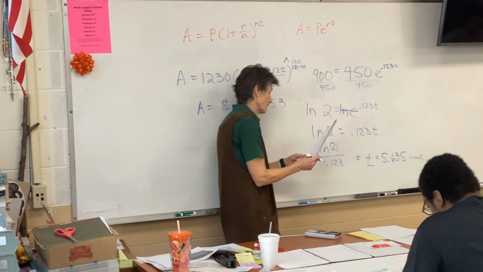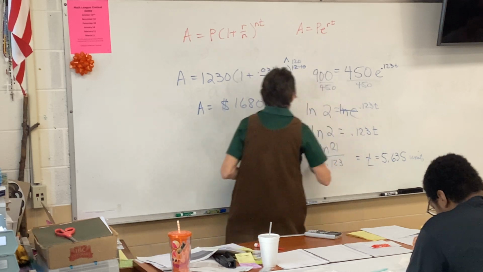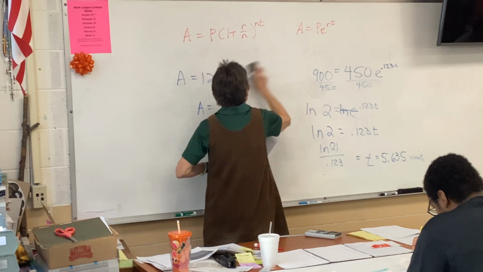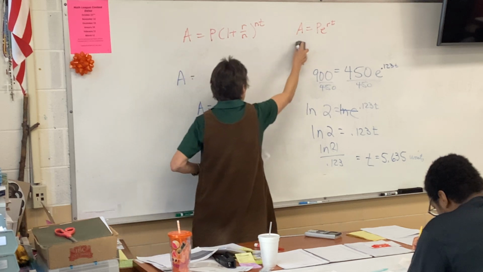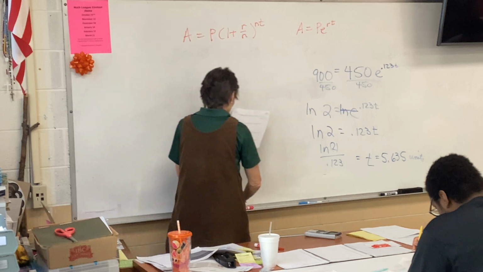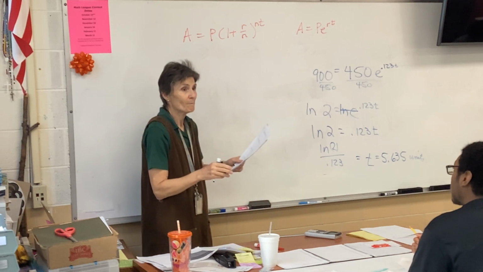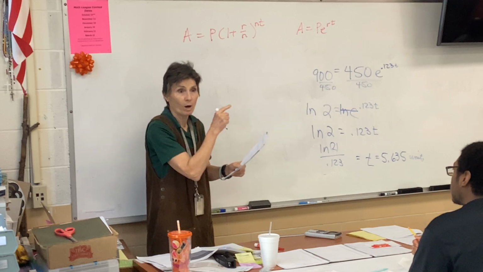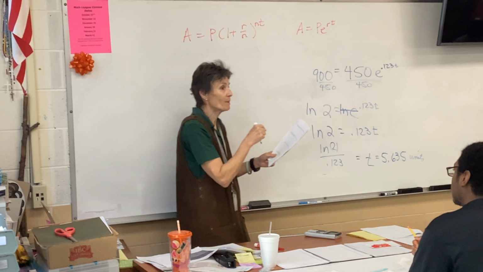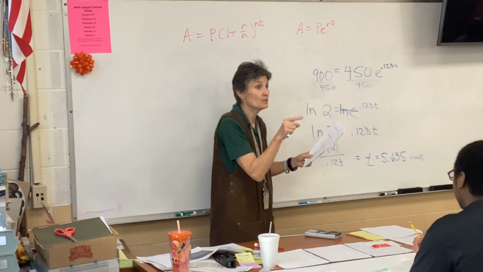All right, number 4. Pick your formula. Big or little? Big. Keywords are, oh wait, 4 is not big. 4 is the little one because it says compounded continuously.